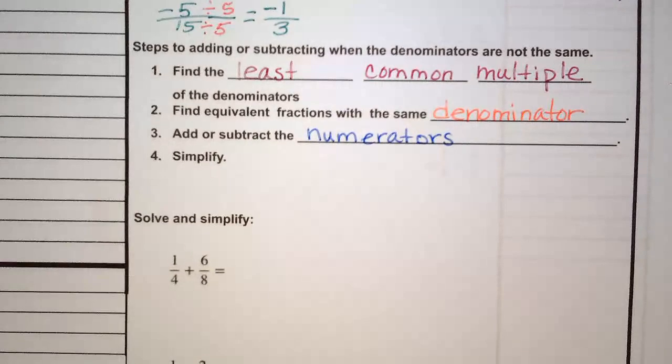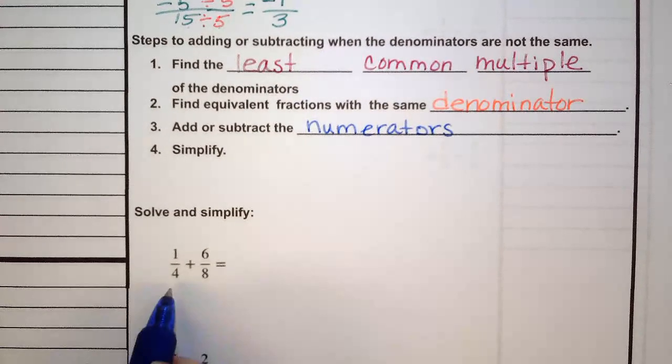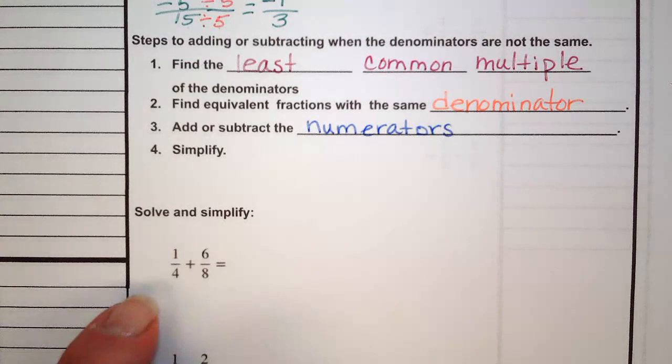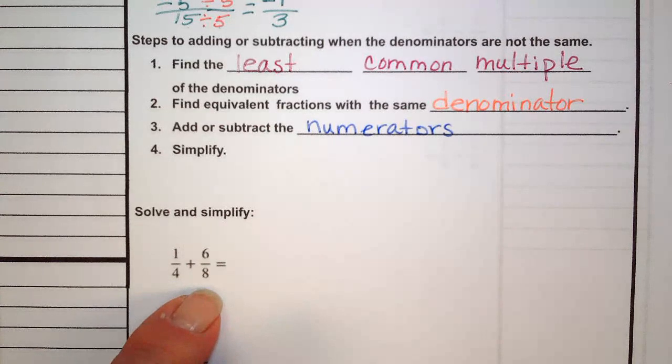So for the first one, I've got 4 and I've got 8. What is my least common multiple of 4 and 8? Well, the first thing I'm going to do is look at the smaller denominator. Will it divide evenly into the larger one? Yes, because 8 divided by 4 is 2.